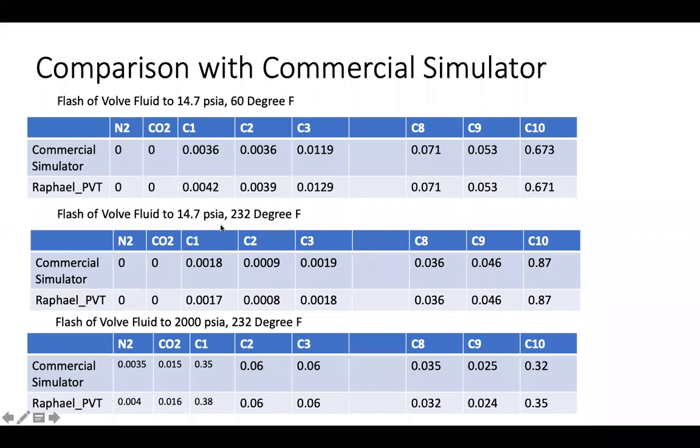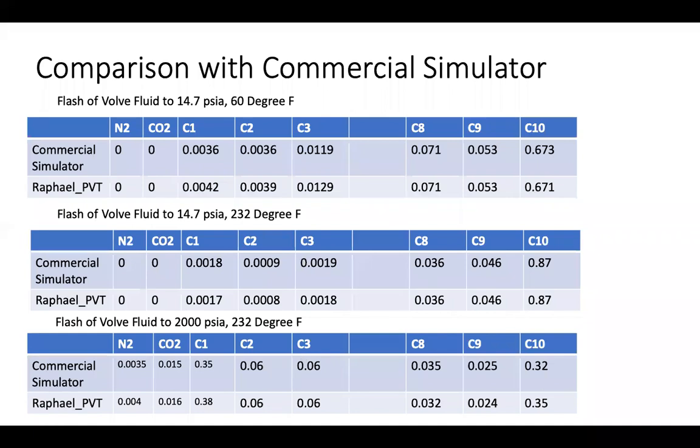Then once again, I flashed at 14.7 psi, 232 degrees Fahrenheit. Similar composition, similar mole fractions for methane, ethane, propane, C8, C9, and C10.